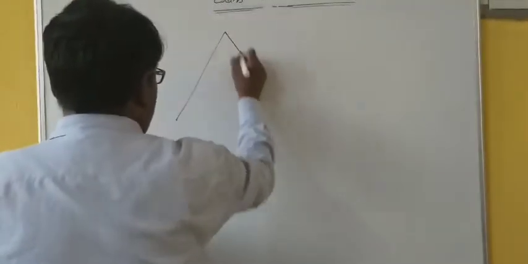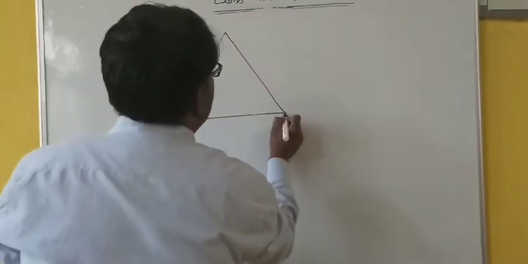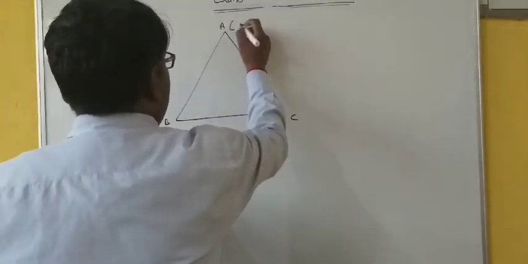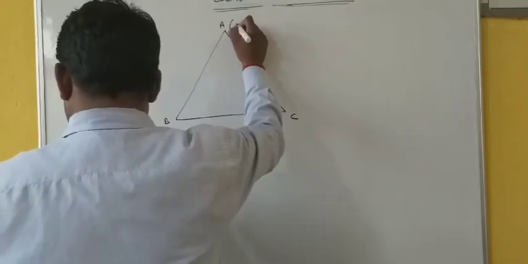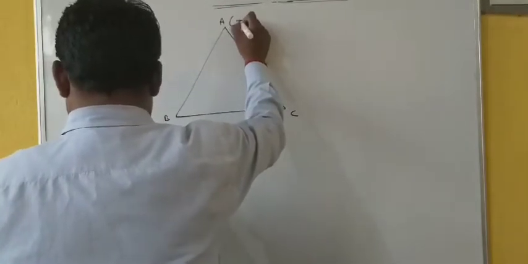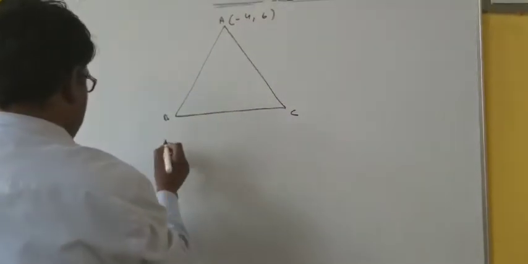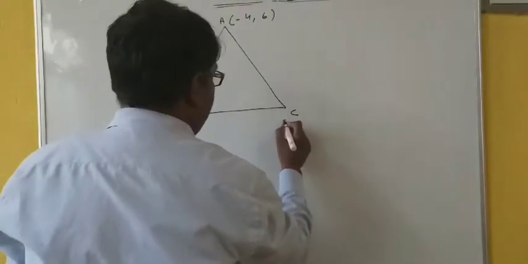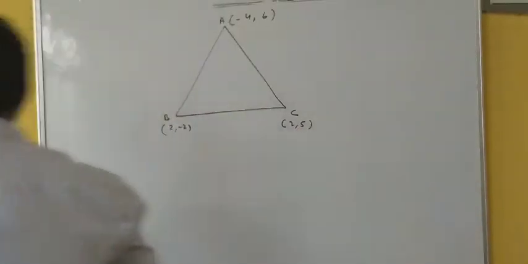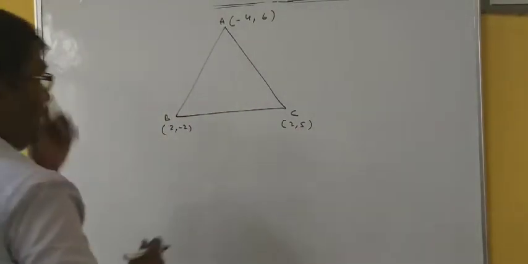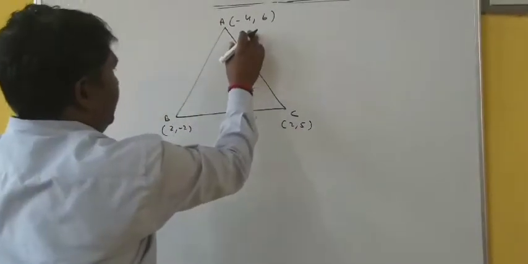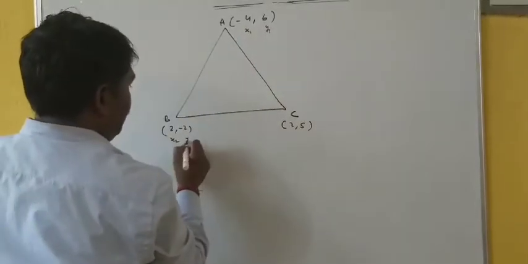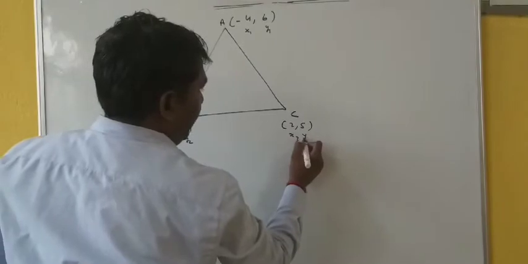Suppose there is a triangle ABC whose coordinates are minus 4 comma 6, 2 comma minus 2, and 2 comma 5. Let these coordinates be x1 y1, x2 y2 and x3 y3.